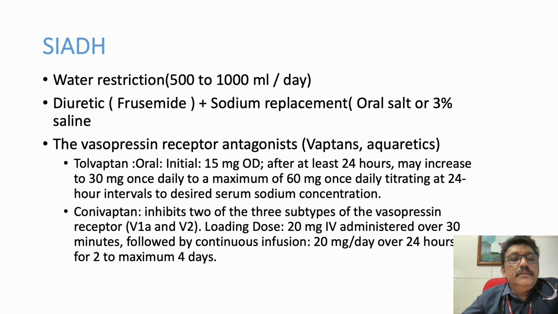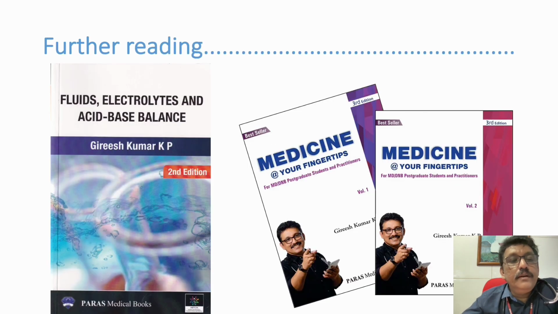They are vaptans, vasopressin receptor antagonists. Normally we use tolvaptan. 15 milligrams once daily is enough in most patients. Some patients may require a higher dose, like 30 milligrams per day. And when we are giving tolvaptan, we have to monitor the liver function test. That is also very important.